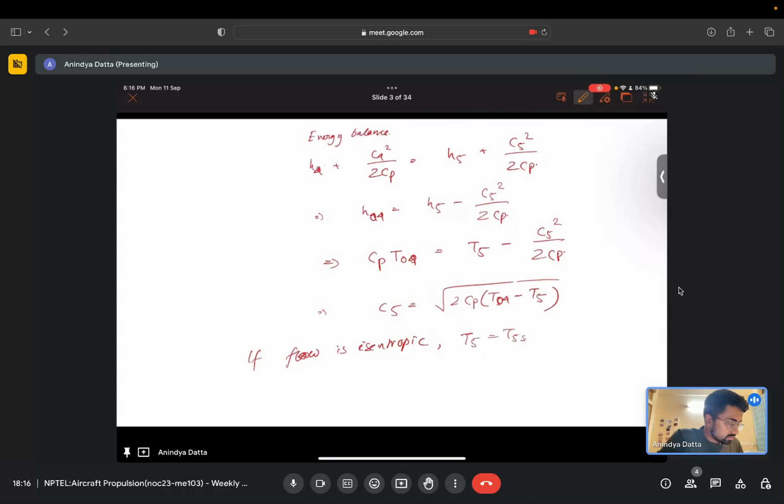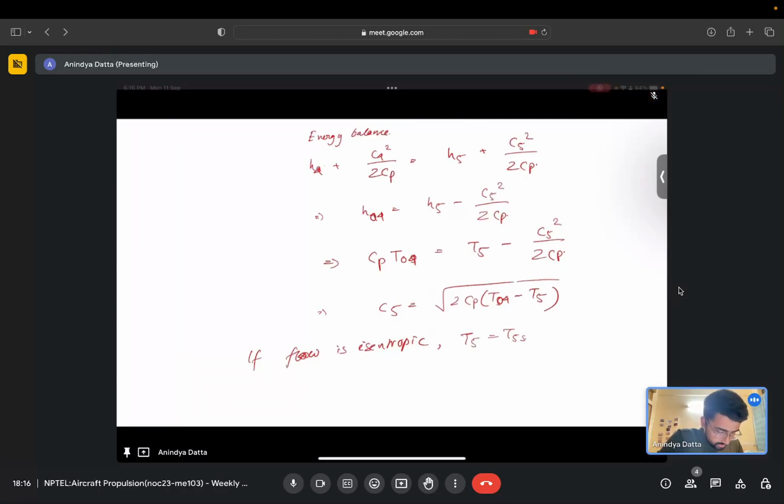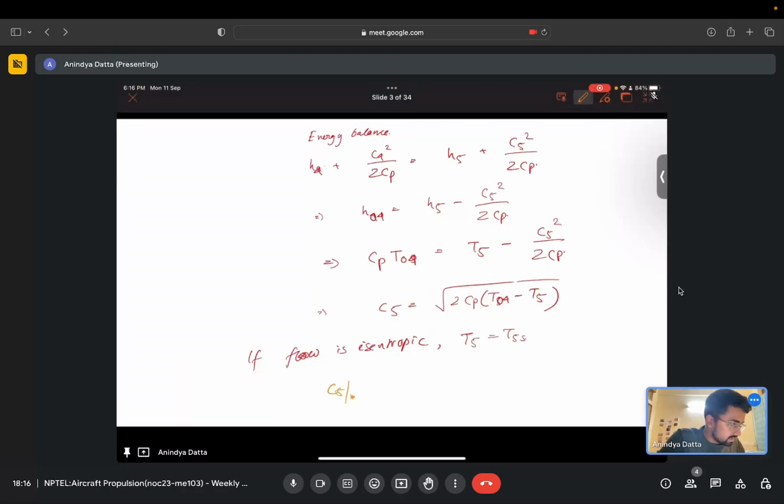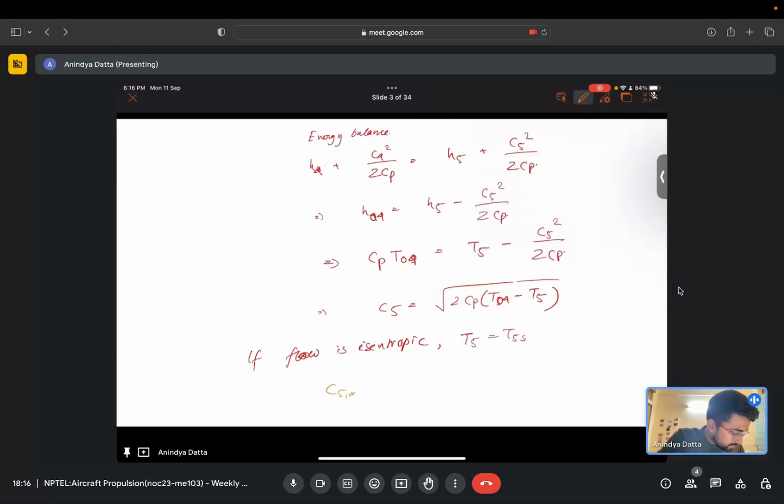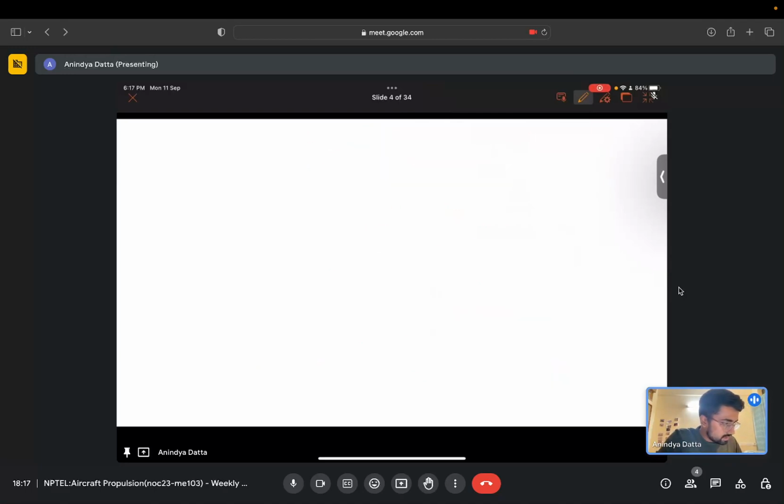So C5 max is equal to C5s, which is the square root of 2 Cp times (T04 minus T5s).